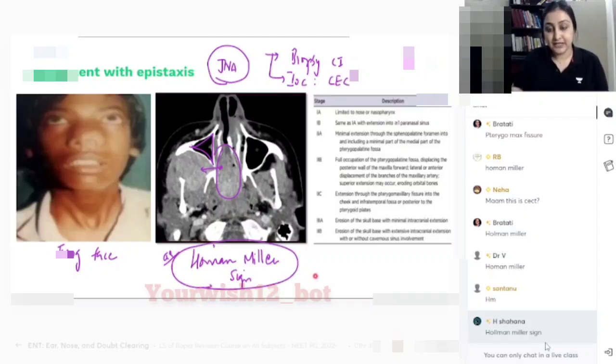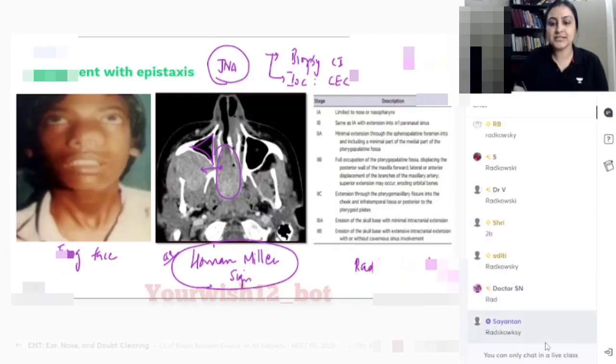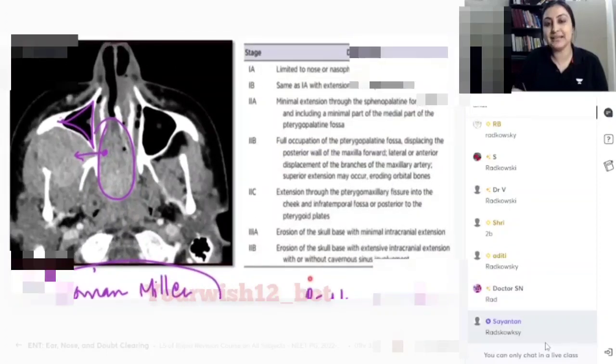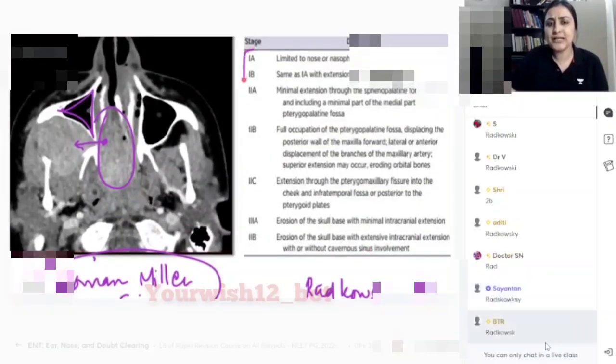Now there is a classification. For those of you attempting INICET, this is the Radkowski staging. In Radkowski staging you need to know something in detail. Stage 1 is only in the nose and paranasal sinus, very easy, up to the nose only. 2A, 2B, 2C are important. So what happened in 2A? The first thing that we learnt, it went into the sphenopalatine foramen. 2B was what?